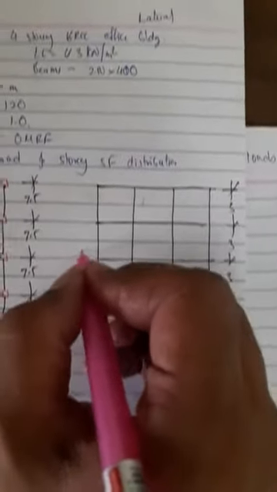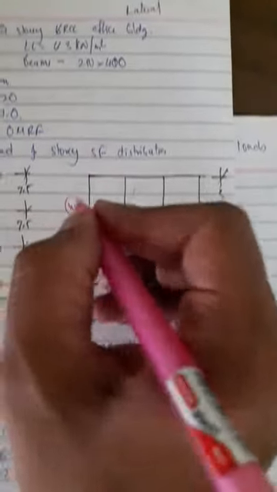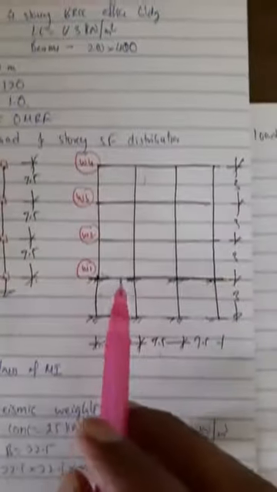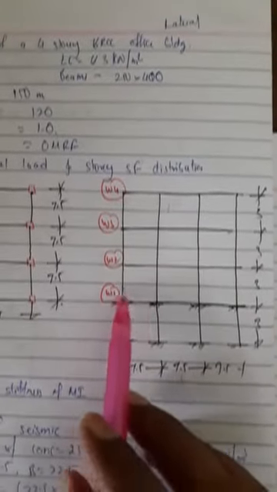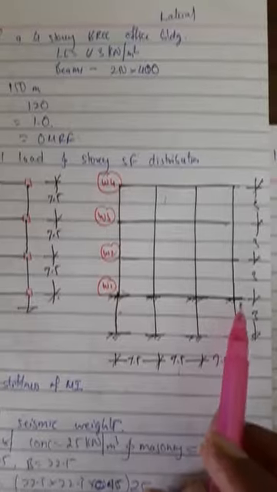Now we'll continue with loads on each floor. Let us look at the plan. For this plan, let us give the names. Let load on this floor be W1, W2, W3, W4. Now if you look at this floor, this W1 load includes dead load of slab, dead load of beams, dead load of columns, dead load of walls and live load.